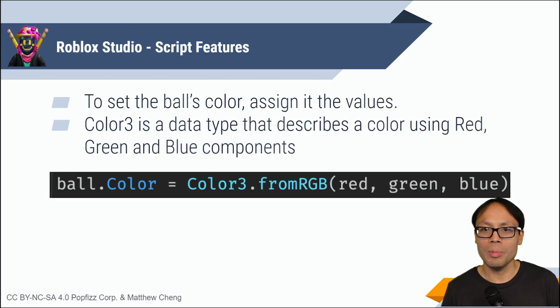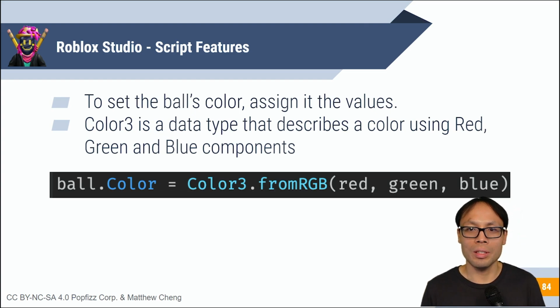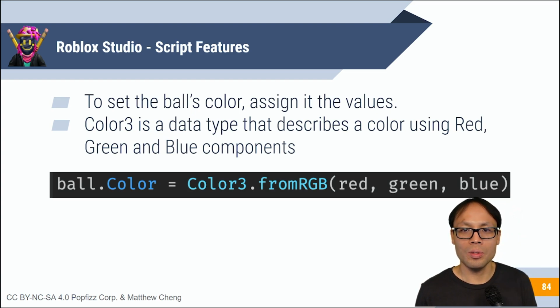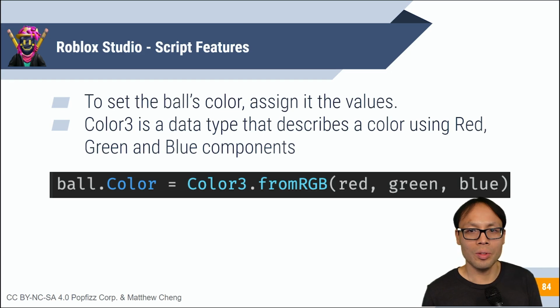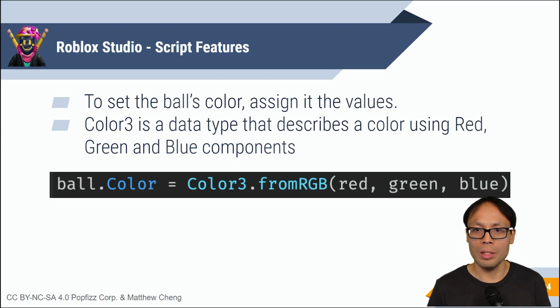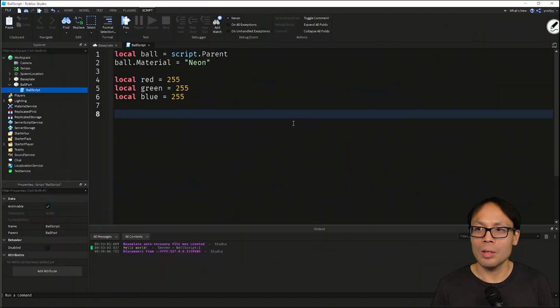Now, to assign the ball's color, we need to assign it values. And to do that, we use something called Color3, which is a data type inside of Roblox Studio, and that describes a color using, again, our red, green, and blue components. So let's go back to Roblox Studio.